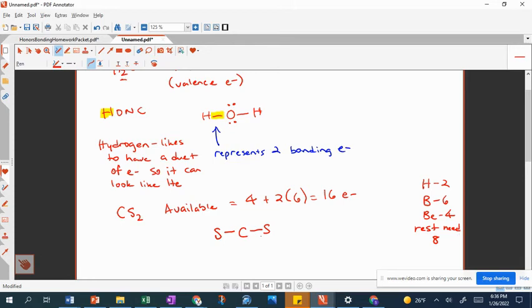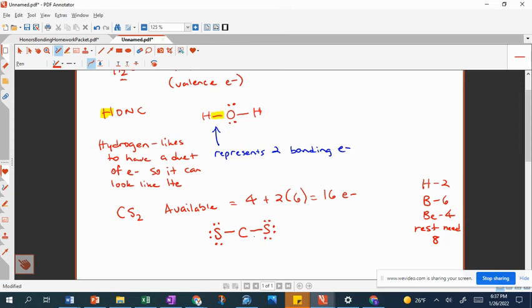So if we look at our structure right now, each sulfur only has 2 electrons. Remember, those lines, those bonds, represent 2 bonding electrons. So to make sulfur stable, we're going to have to add 6 more electrons around it to give each of those sulfurs 8.